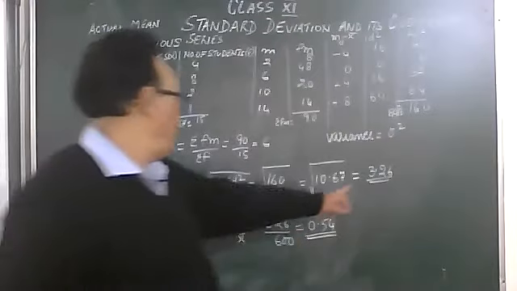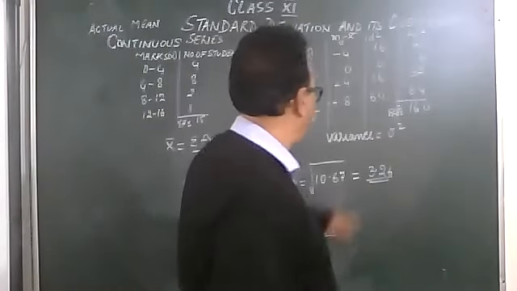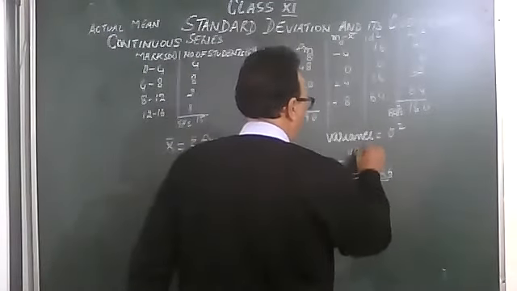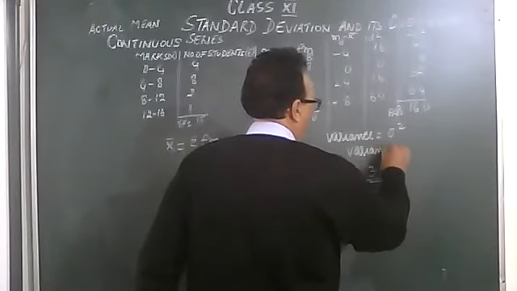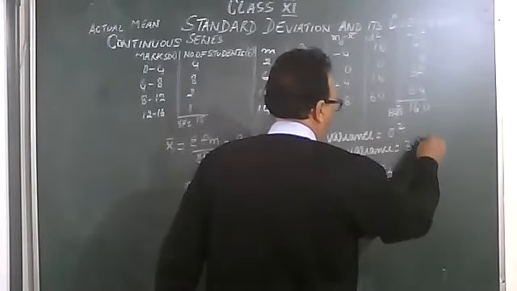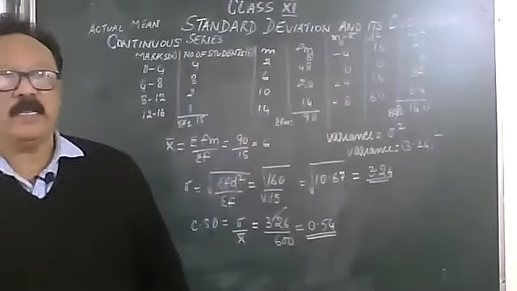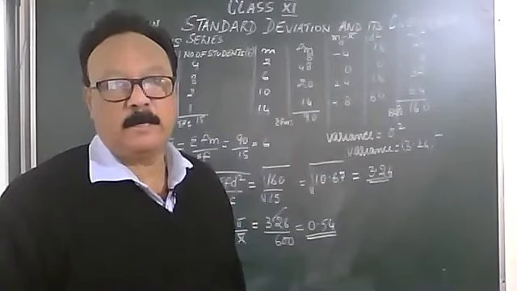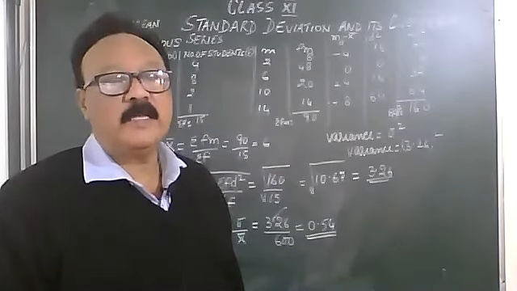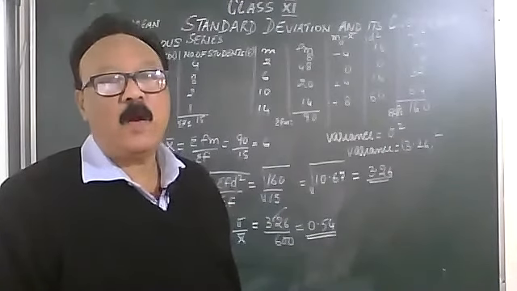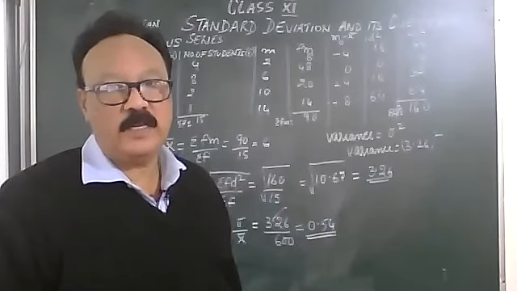If the standard deviation is 3.26, the variance would be 3.26 squared. Please do the square of it, you get the answer, that is the variance. So the variance is the square of the standard deviation.